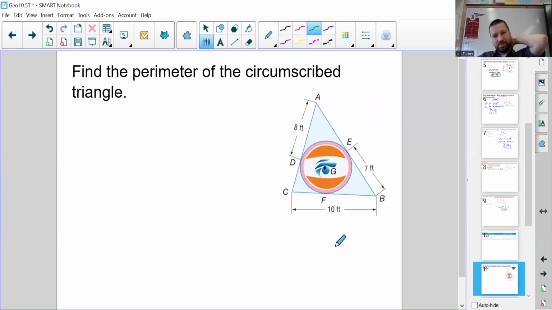Well, let's see if we got a good example here. Find the perimeter here. I don't know if I know how to do this one. 7 here. How do we find anything? We know all these lines are tangent, so a radius makes a right angle.